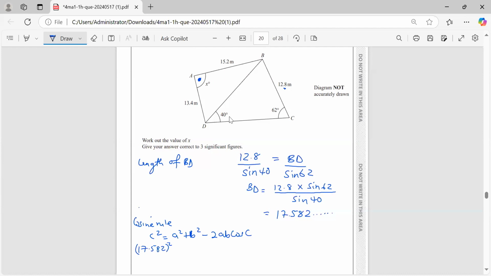So 17.582 squared is equal to a squared plus b squared. These are the two sides, 13.4 and 15.2, right?